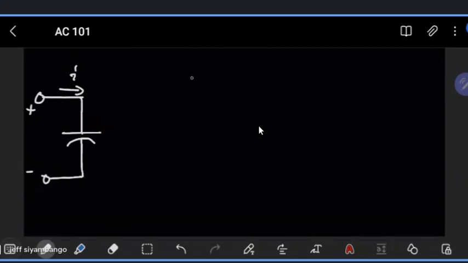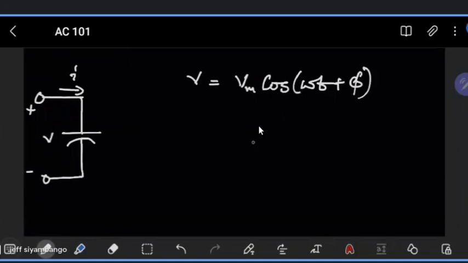Again here, we start with a voltage supply V in time varying equals cos(omega t plus phi). And observe that the current that will be passing in a capacitor, the time varying current I, will be equal to the capacitance times dV/dt.